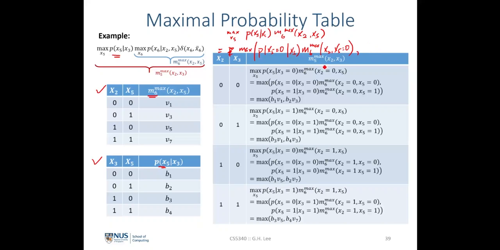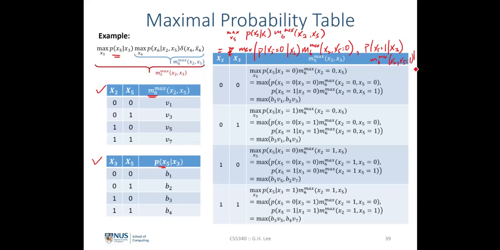And the next term would be the probability of x5 equals 1, now that we're assuming each random variable takes a binary state, conditional upon x3 multiplied by m6 max over x2, x5 equals 1.